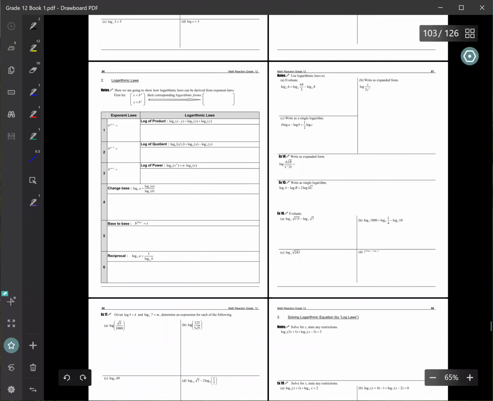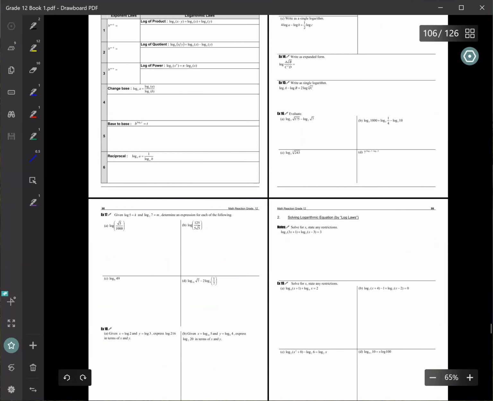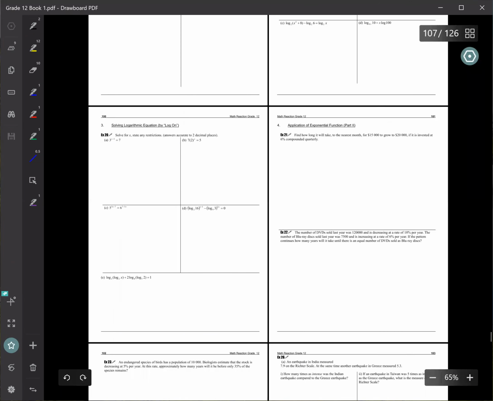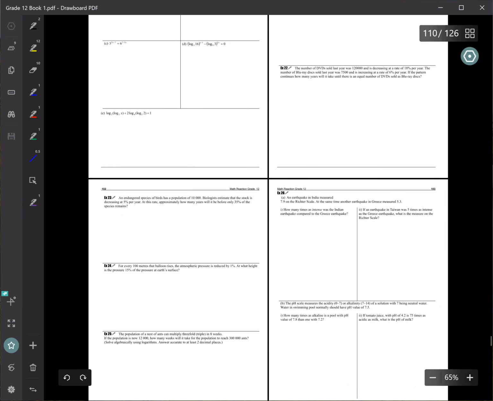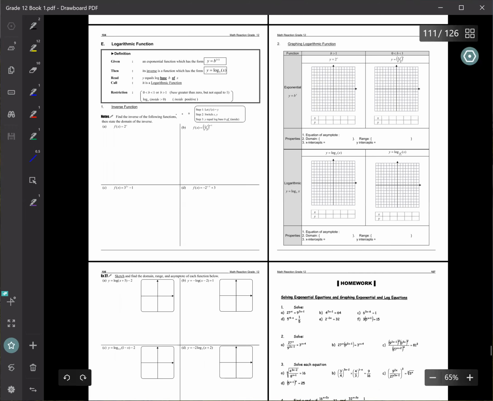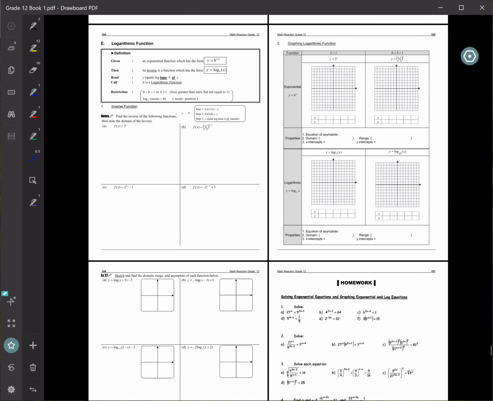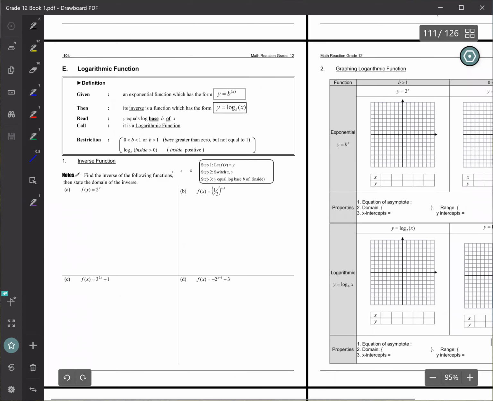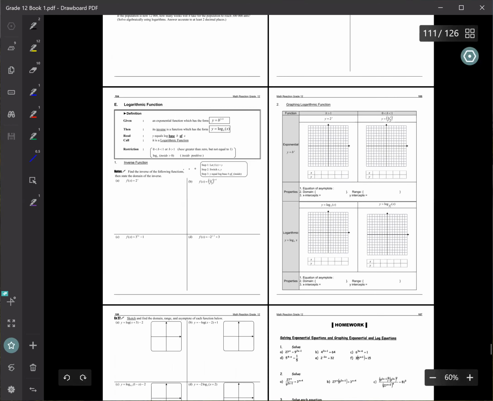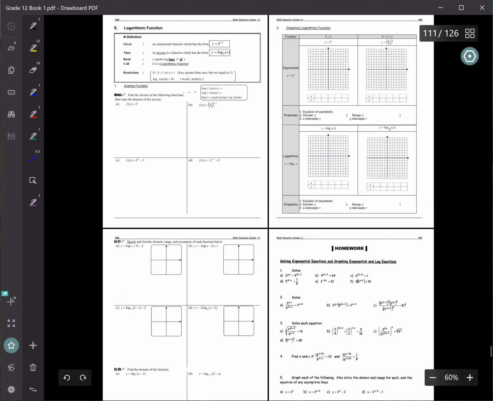And then we'll learn how to use the log laws to solve some equations. And finally, we apply them to word problems. And just like exponential, we can graph log as well. Exponential graph and log graph, log functions. And that will be the end, all right?